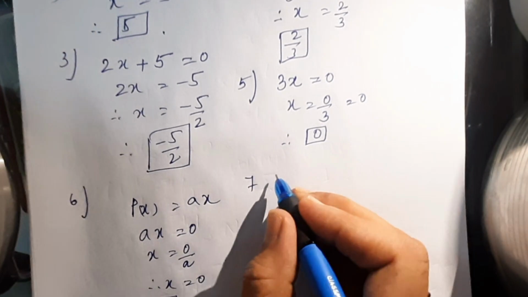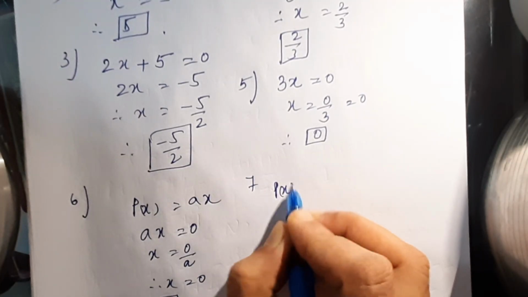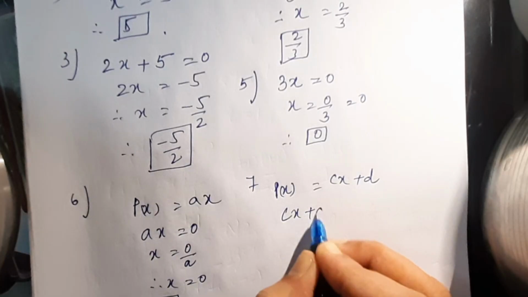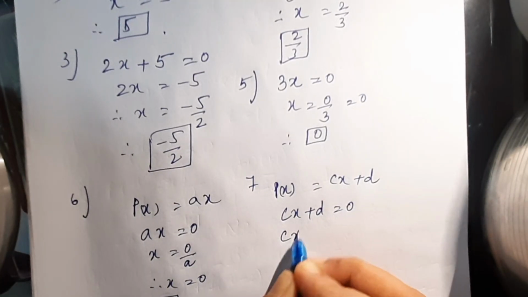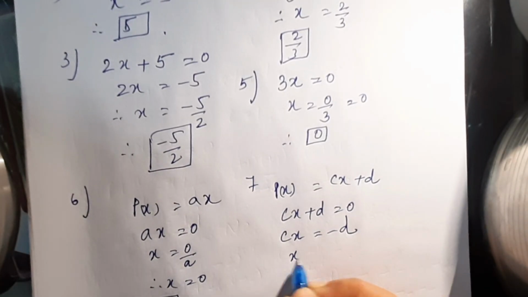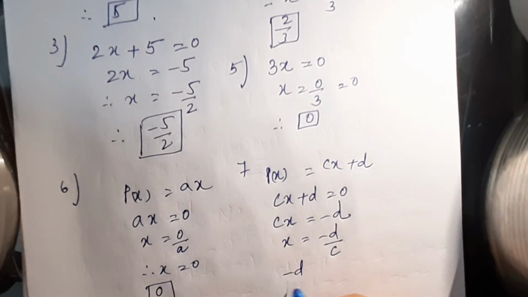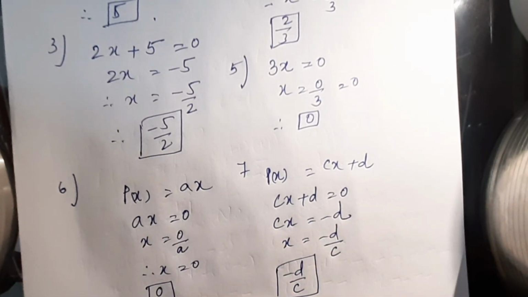Now the seventh and last question of this exercise, where it is given P of x is cx plus d. So compare cx plus d with 0. cx is minus d, x is minus d upon c. So minus d upon c is the 0 of the polynomial.